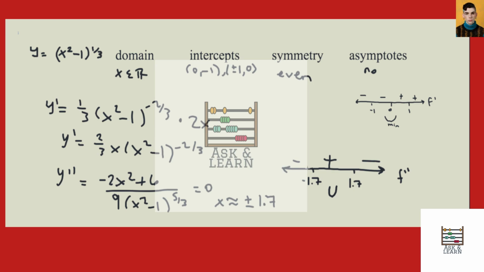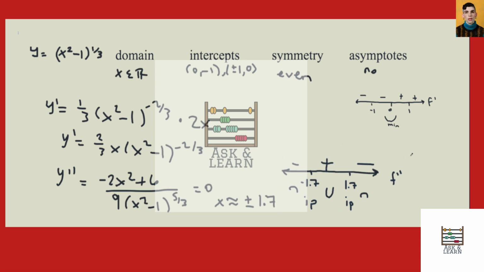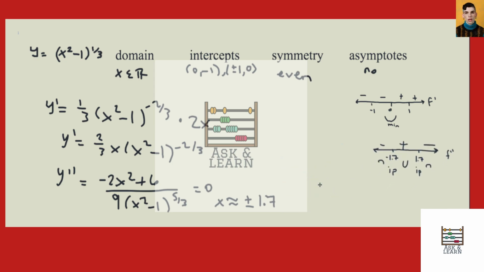And here it's concave down, and here it's concave down. And also we see a sign change at negative 1.7 and at 1.7. So this is an inflection point, and so is this inflection point, at negative 1.7 and 1.7. So this tells us the concavity for our graph.